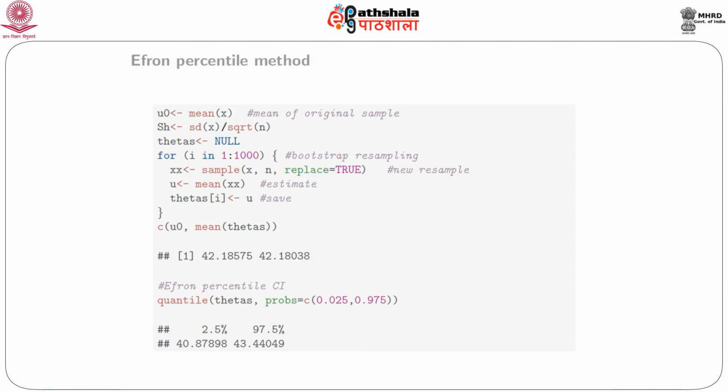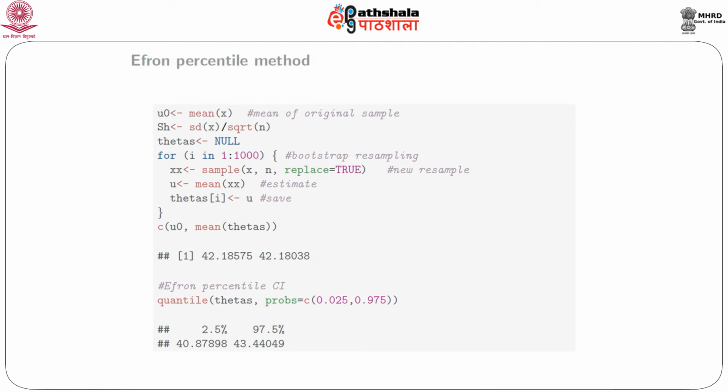So, we keep the sample in xx, which is sample(x, n, replace=TRUE). So, again the sampling is done with replacement, find the mean and store the mean in the ith place for theta, or the ith observation for theta.